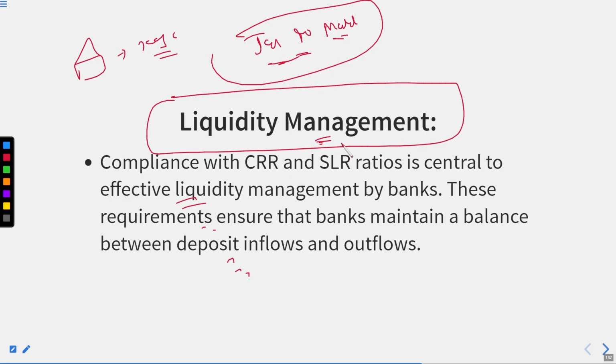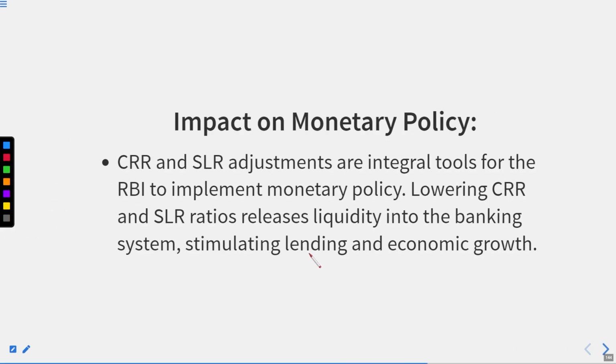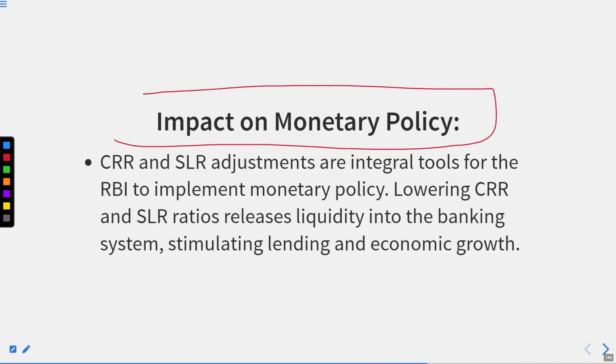That's why, for maintaining liquidity and to protect the interest of both the creditors and the depositors, it is required to comply with the CRR and SLR. Banks need to manage their liquidity position strategically to meet customers' demands while adhering to these regulatory ratios. It means that the bank has to maintain their liquidity positions, address customer demands, and also maintain the regulatory ratios.